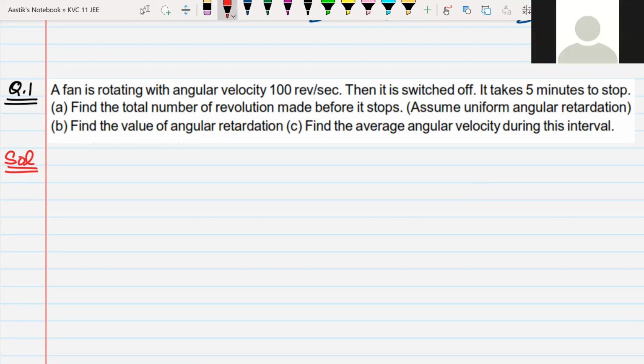I hope I have told you the relation between revolutions per minute and revolutions per second.